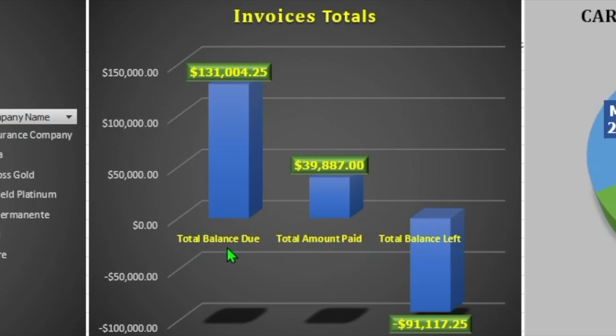Over here is just the total balance due of all the invoices that you have open, the total amount that was paid, and what is the balance left, how much people still owe you, all of your clients together. But you can extract any data that you want. If you don't know how to do it, you can always contact us and we will do it for you. You just need to know what you want.